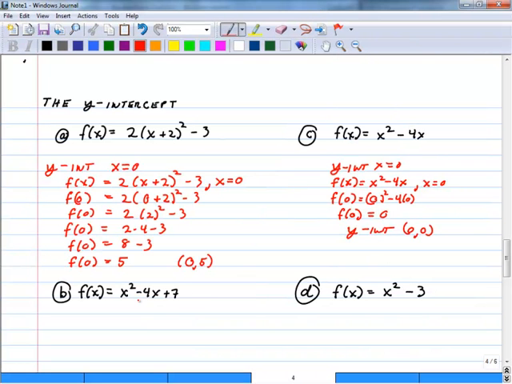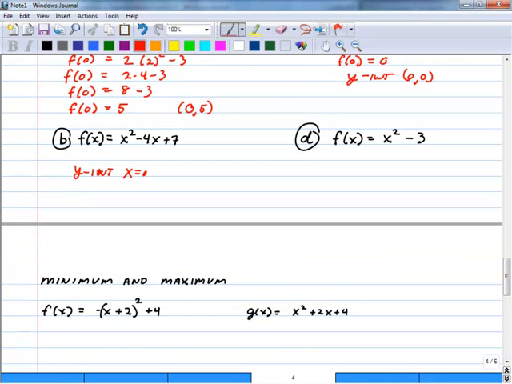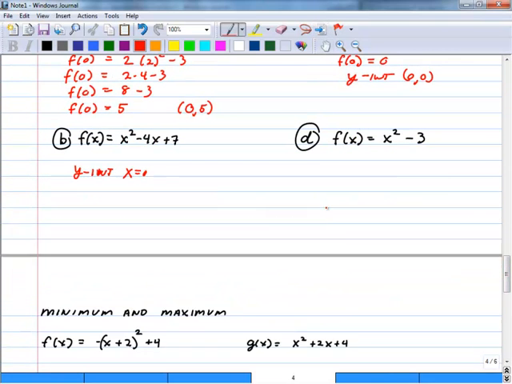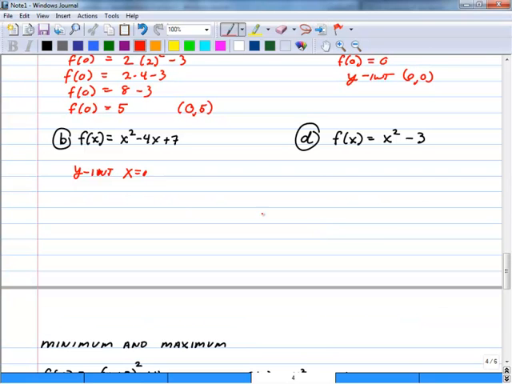Alright, let's do that again over here with this next problem. So again, the y-intercept, which I abbreviate as y-int, is when x is equal to 0. I don't want to run out of room, so I'll give myself some more space.